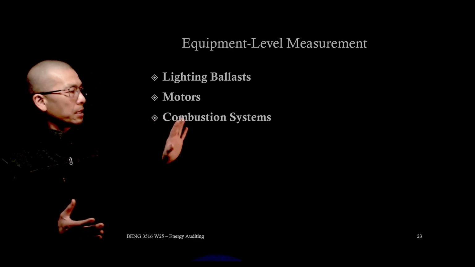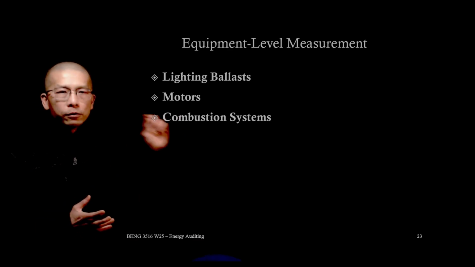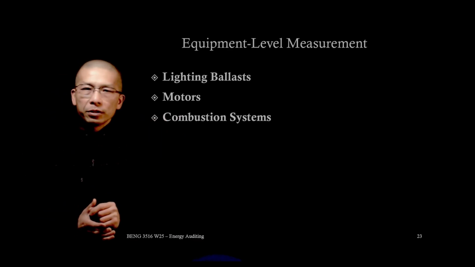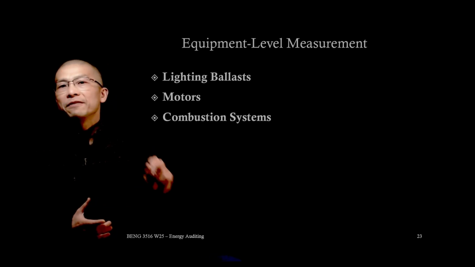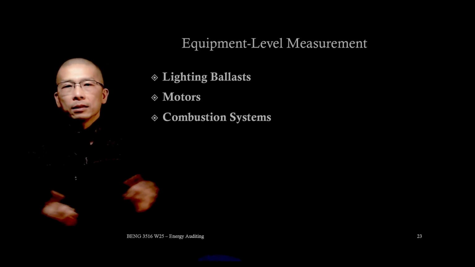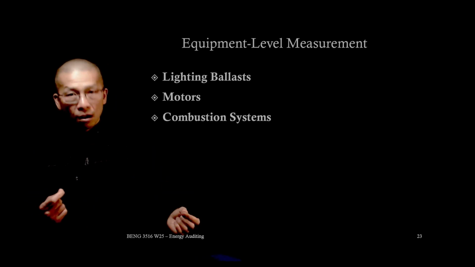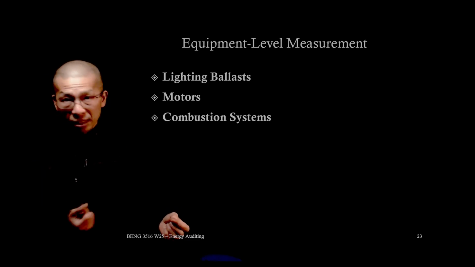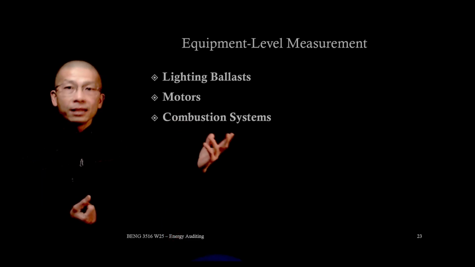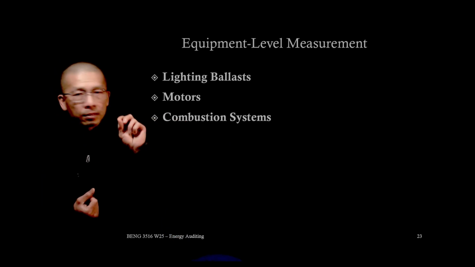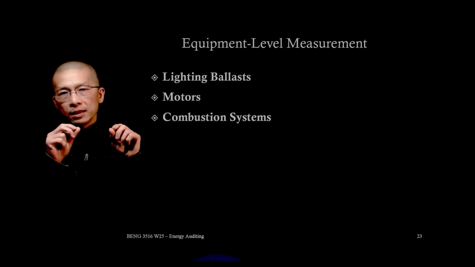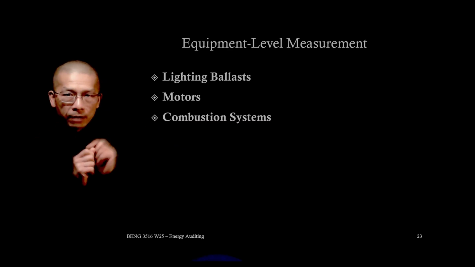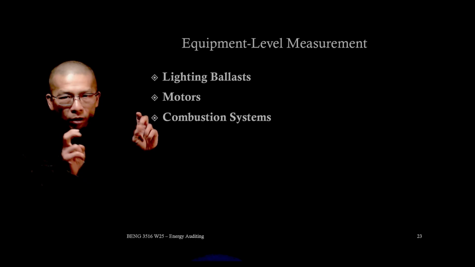Now, at the equipment level, if we look at individual devices, we measure the actual performance and efficiency to identify energy loss and operational issues. For lighting ballast, the ballast for fluorescent lighting, it's the electronic control.